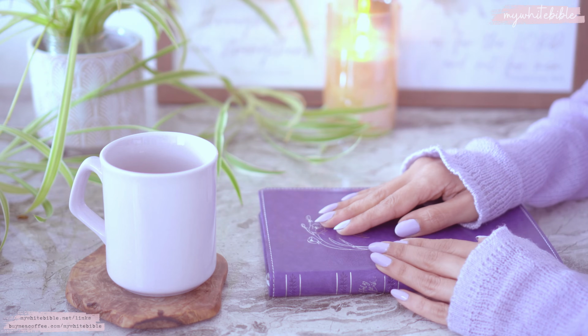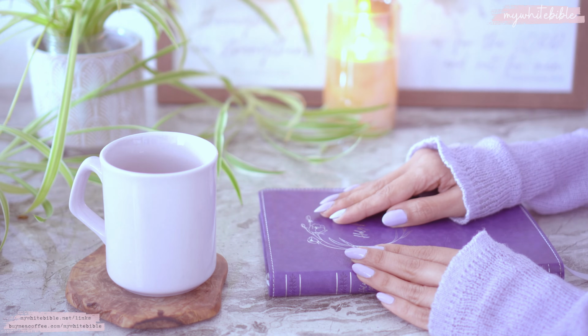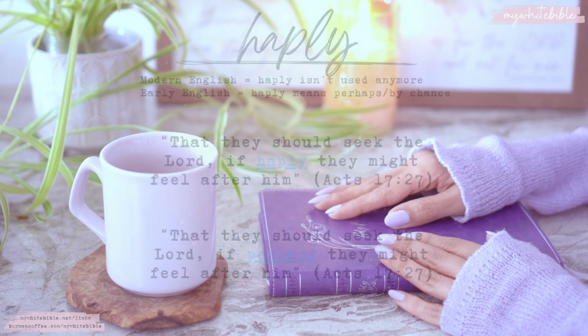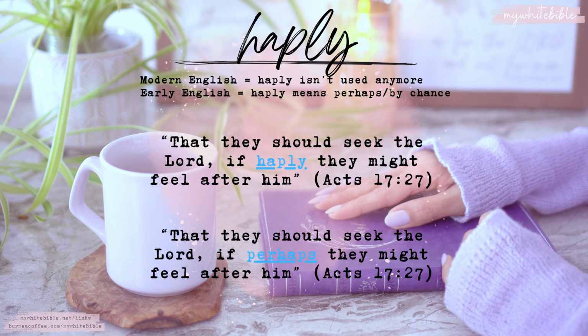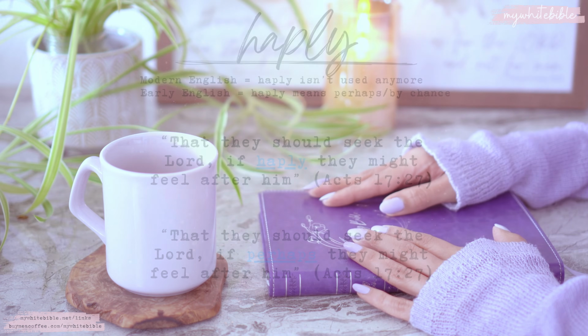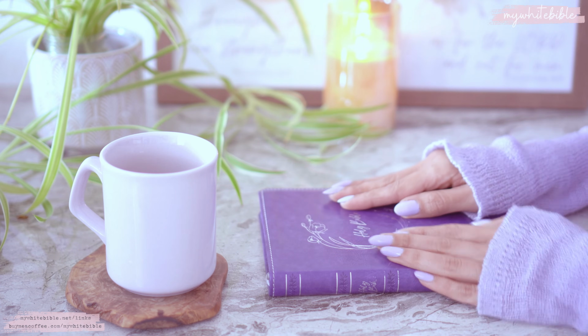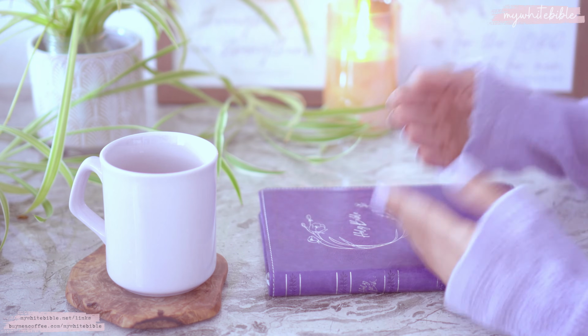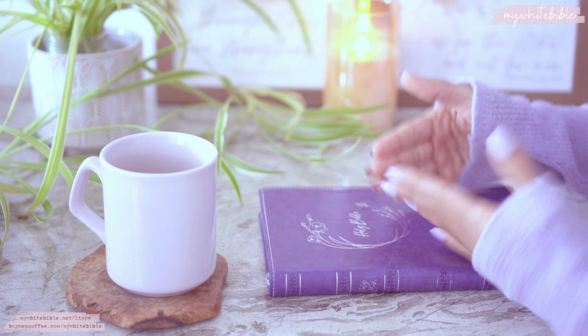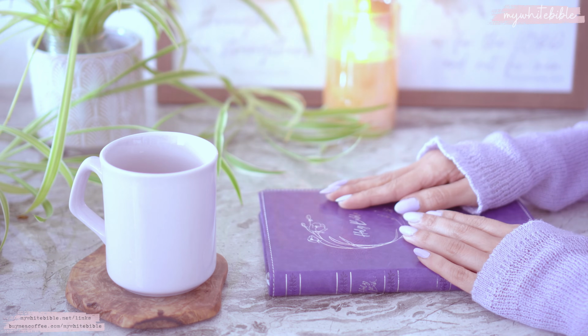Haply doesn't mean happily. I used to think that when I was reading it, and I was like, one minute, that doesn't make sense. Haply means perhaps. So in Acts 17:27, if haply they might feel after him, if perhaps they might feel after him. So those are just a few of the vocabulary words that do differ from modern English that we do need to be aware of if we're going to comprehend the KJV accurately.